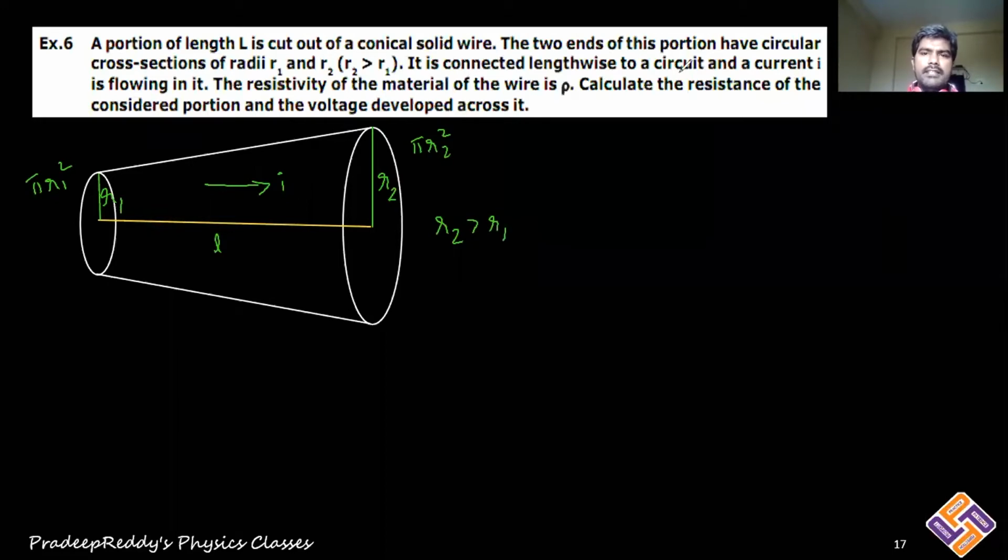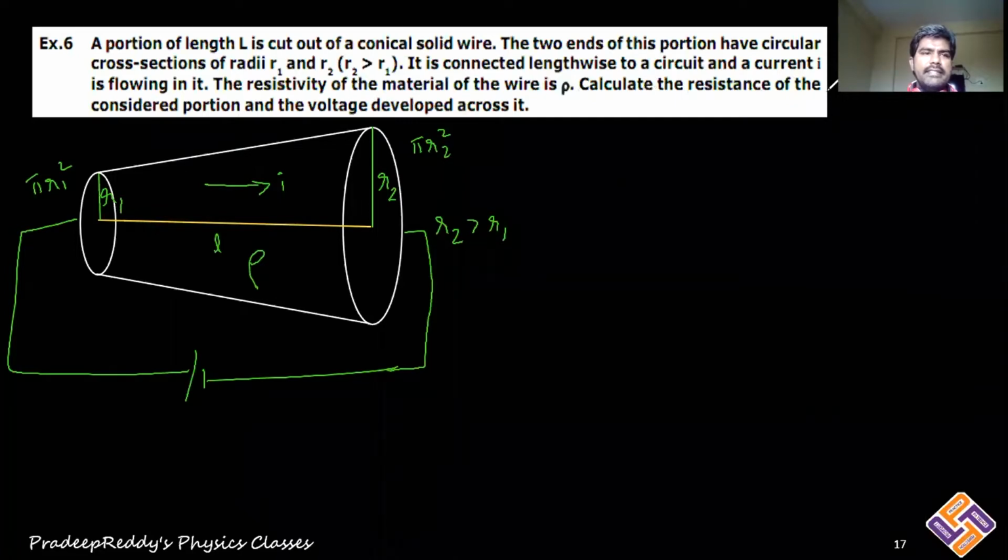It is connected lengthwise to a circuit. Now you are connecting this to a circuit and current I is flowing through it. The resistivity of the material of the wire is rho.